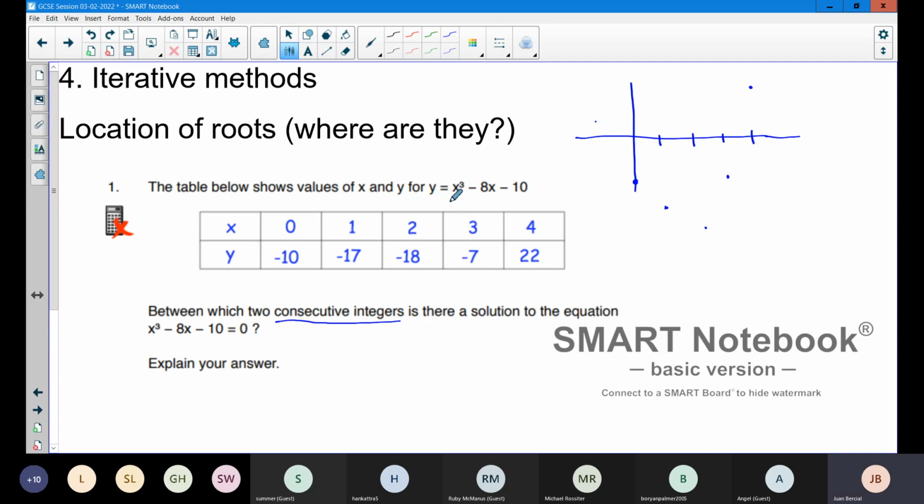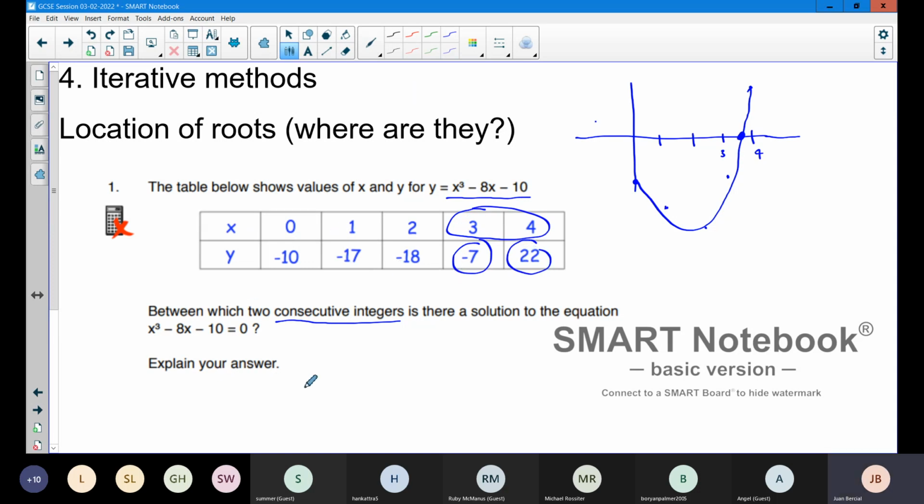Of course you can see that if this is a polynomial, which means it's continuous, then at some point between 3 and 4 the graph is going to cross, because you've got a positive y and a negative y.